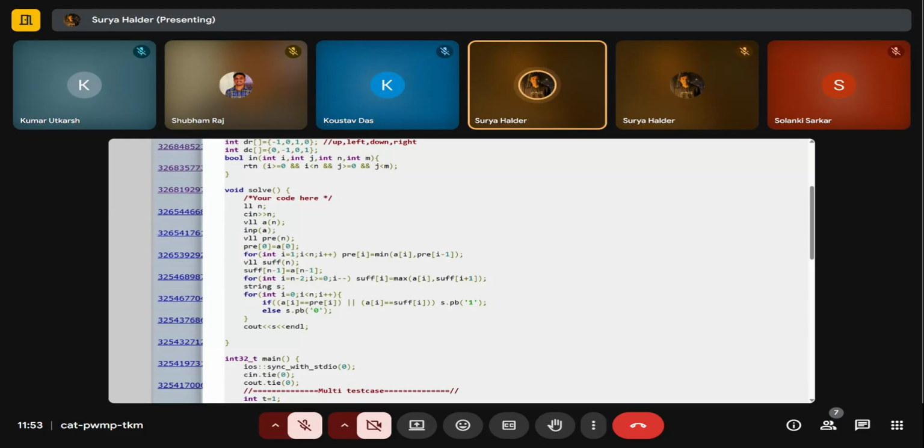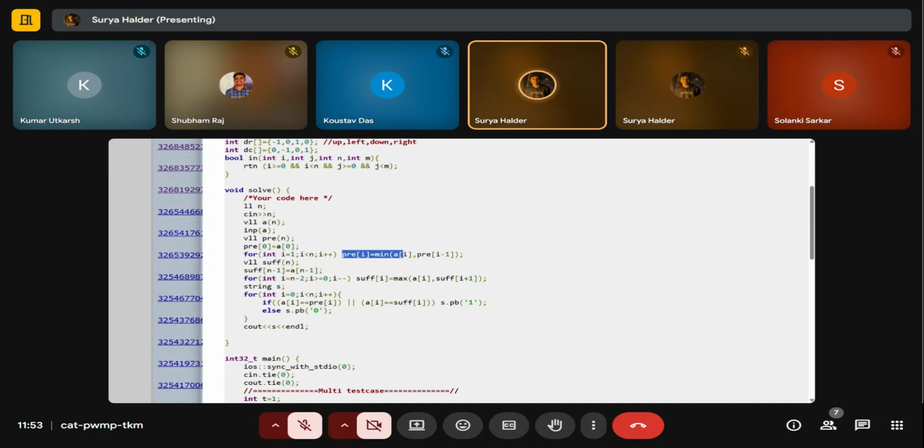So for this you can use prefix and suffix. So prefix of I will store the minimum element up to the ith index. Like I created a prefix array whose length is n. Prefix of 0 is equal to a of 0 because at the 0th index the minimum is also the 0th element, and after that from 1 till the end I am just doing prefix of I equals minimum of the present element and the previous element present in the prefix array.